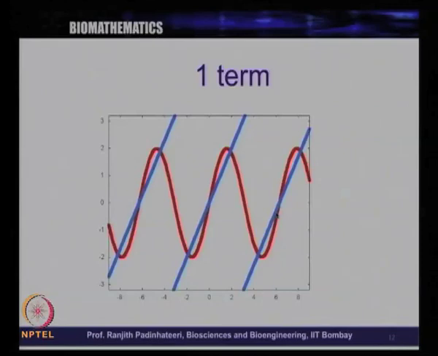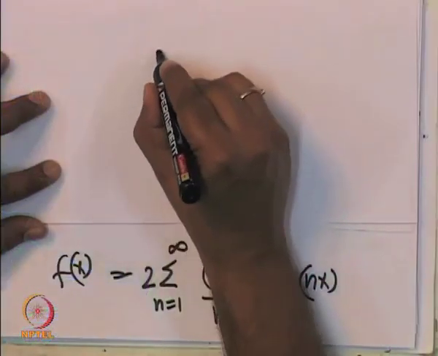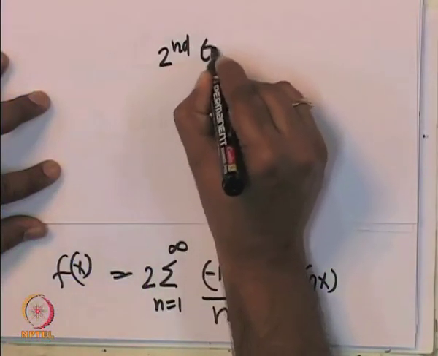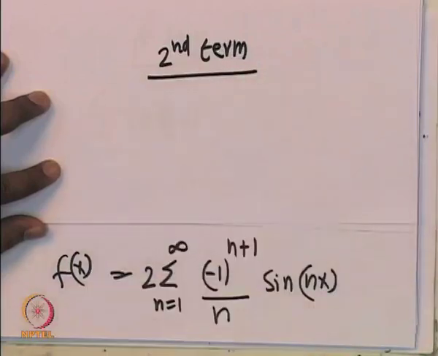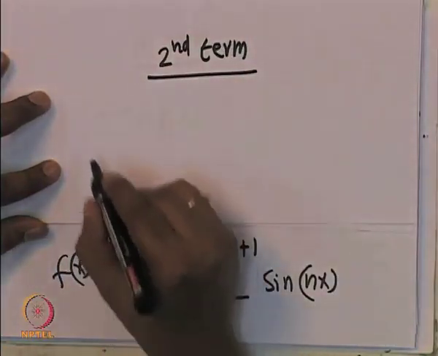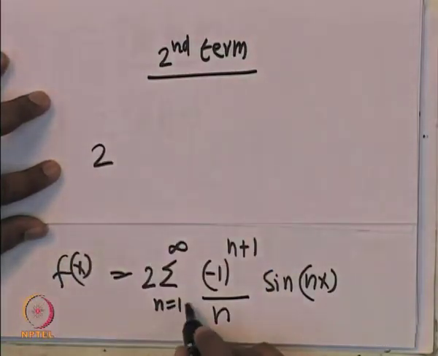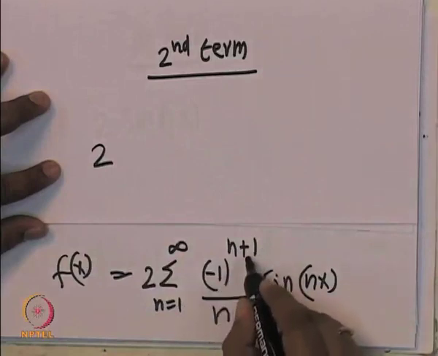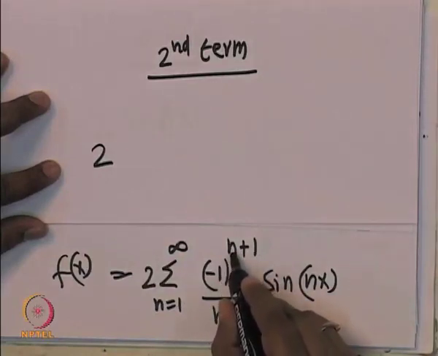Now, let us take the second term. So, what is the second term? Second term is n equal to 2. What is the second term? 2 into minus 1, n is 2, so n plus 1 is 3.